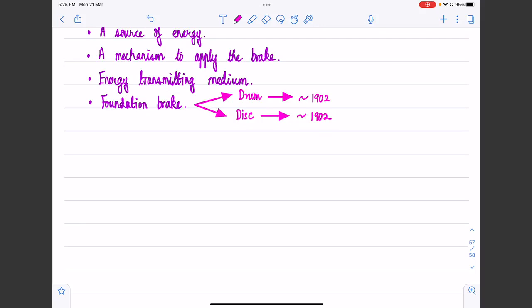Although today we realize that disc brakes present some very good advantages which drum brakes do not have, it really took 50 years for people to realize it, because it was invented in the wrong location at the wrong time. On the other hand, drum brakes were invented in the correct location at the correct time.